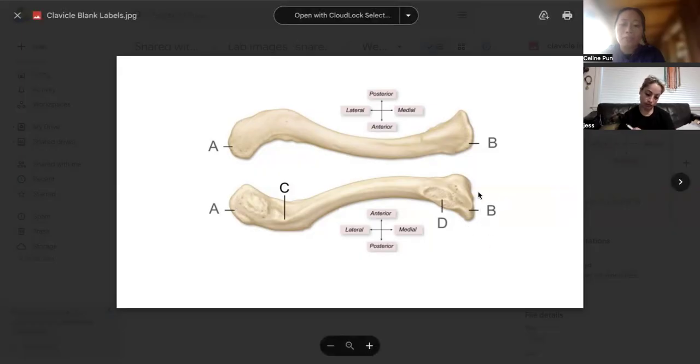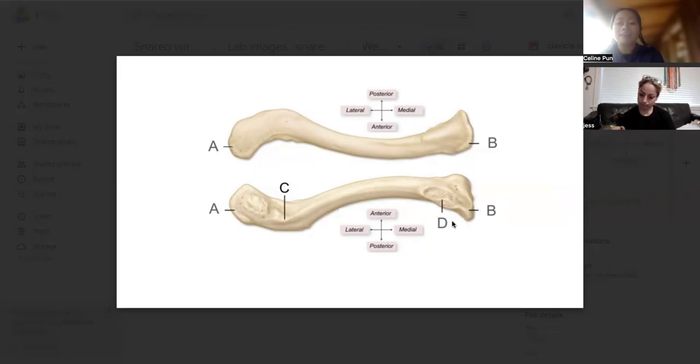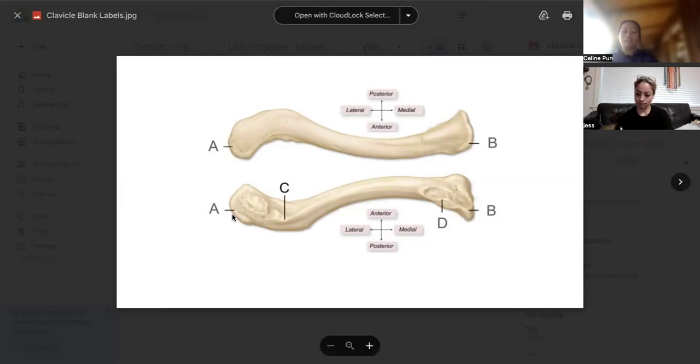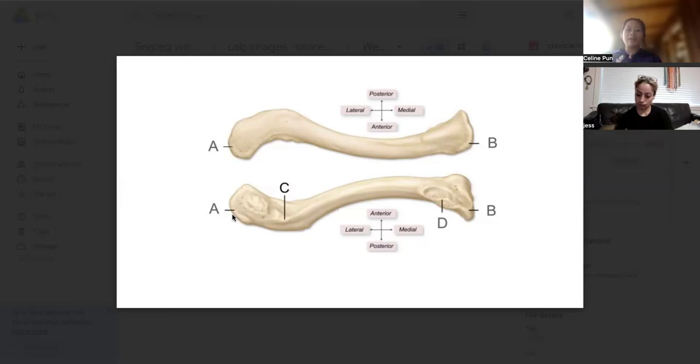So B would be the most medial, and then D, and then C and A. But if you have the right clavicle, it would be the opposite direction, but B would still be the most medial. D would be more lateral than B, but more medial than A and C.